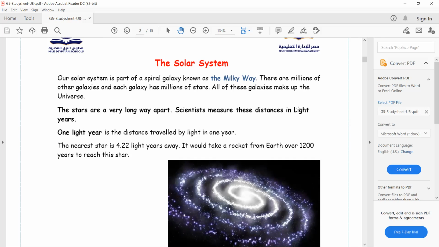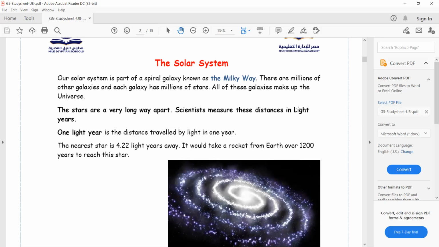For example, if you want to measure the distance between London and Cairo, it's not suitable to use the centimeter or millimeter. We should use kilometers. But in space, kilometers are a very small unit to measure the distances. So instead of that, we should use another measuring unit for distance. It's called the light year.